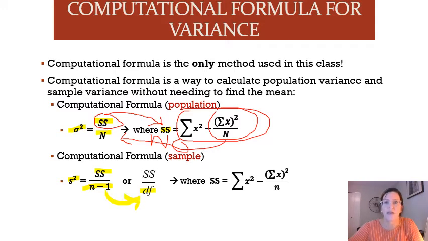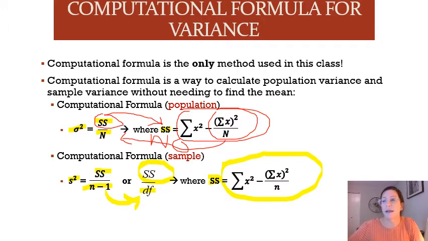In this case, sums of squares, this SS, is calculated the exact same way as it is for a population. So this entire equation goes right here, and then when you calculate that, it's divided by n minus 1, or what's called the degrees of freedom. And we'll talk about what degrees of freedom are.